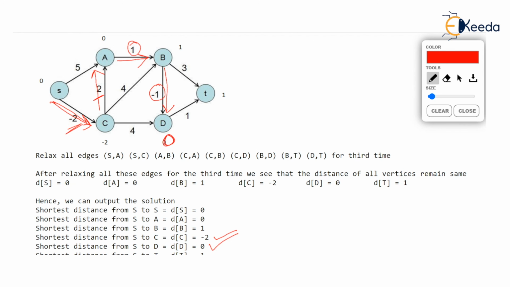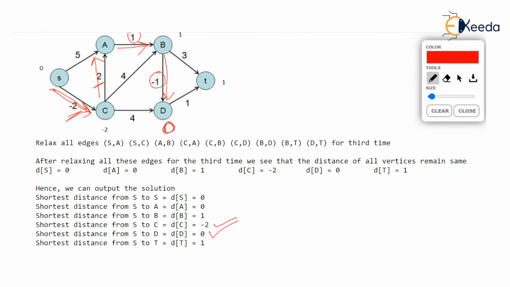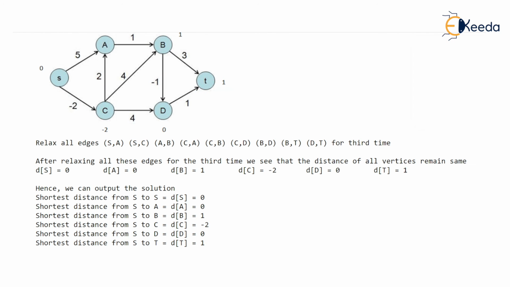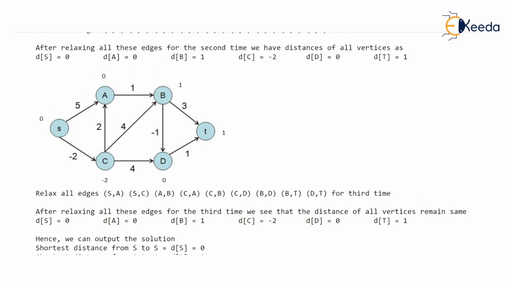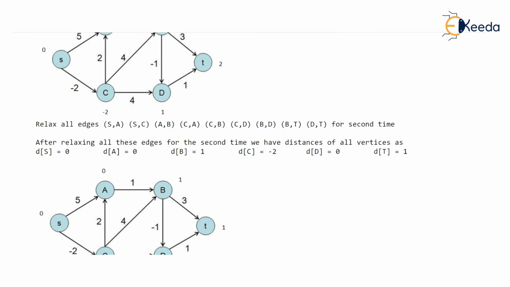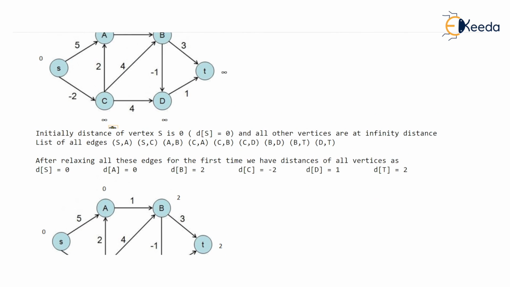And finally, S to T. The distance from the source to T is 1. You got this by taking the same path as from S to D, but extending the path from D to T, which gives you 1. That's how Bellman-Ford has found the shortest distance from S to all other vertices, even if there was a negative weight in the graph.